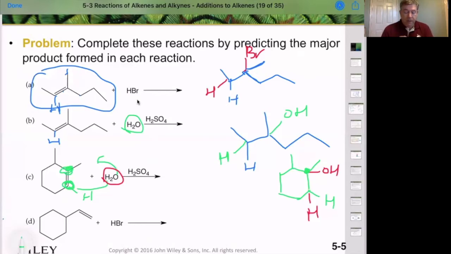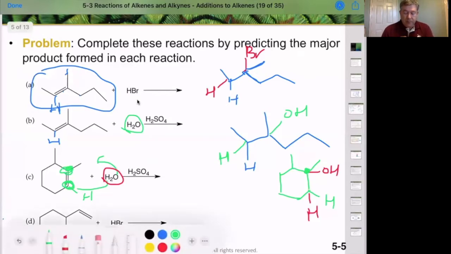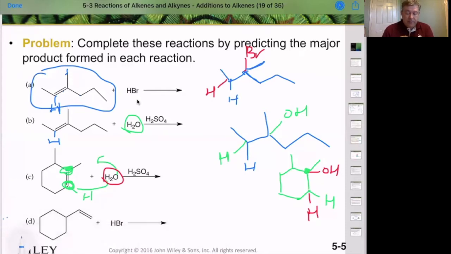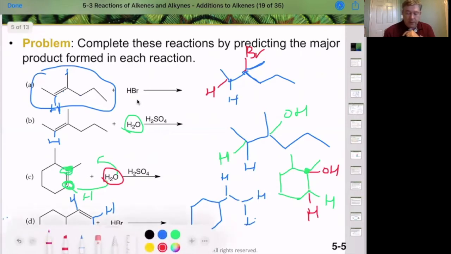All right, let's use that last example to see where we can add it. In this case, we have two hydrogens on this compound here and one hydrogen here. You don't have to draw them there, but remember they're there. So our product has to look like H, H, H. Now let's add the HBr in red.